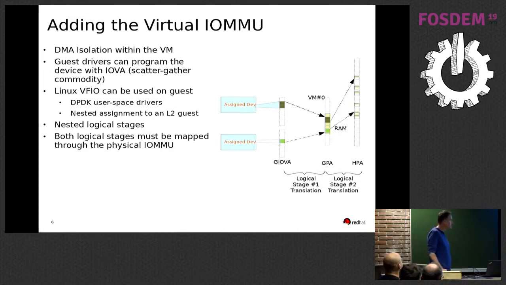The DPDK use case, when you want to develop a network stack that uses user space drivers, relies on the VFIO API. And also, if you want to assign your device several times, meaning you want to do assignment on your guest, you will also use VFIO to achieve that goal.